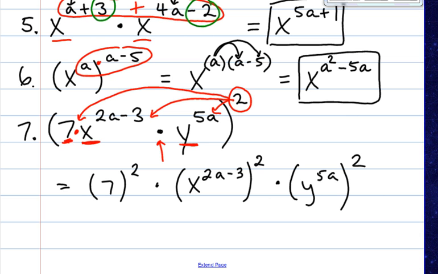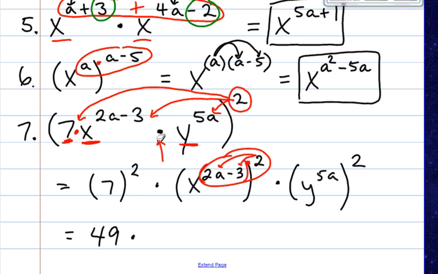Then we simplify. So 7 squared is 49 times. Here with the x and also the y, we have a power raised to a power. So what we do is we multiply. We can go ahead and take care of this all in one step. If I'm multiplying 2a minus 3 times 2, I'm going to be distributing that inside that other exponent.